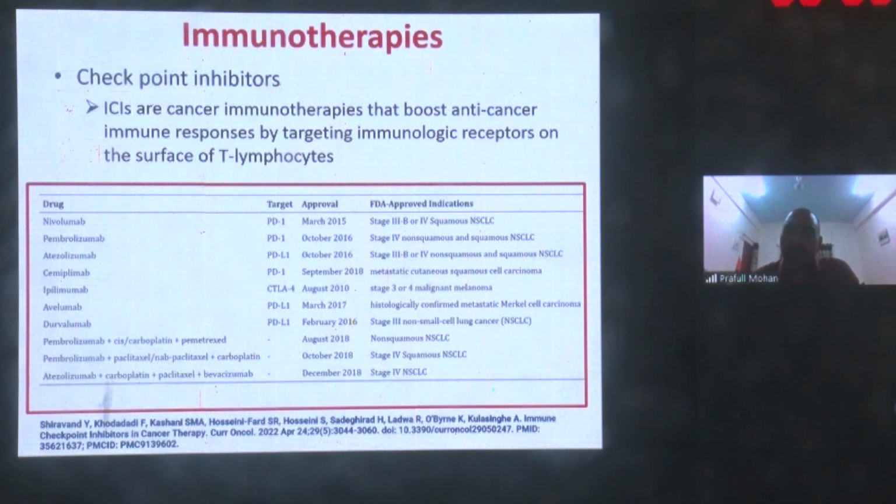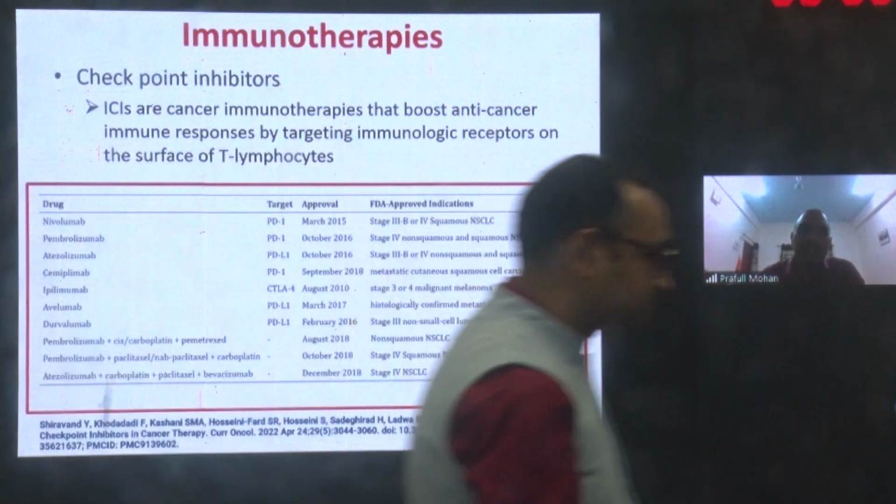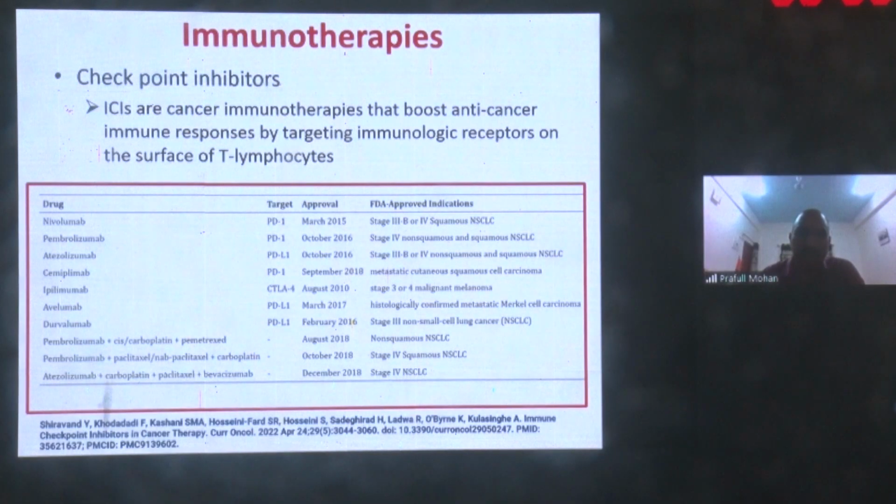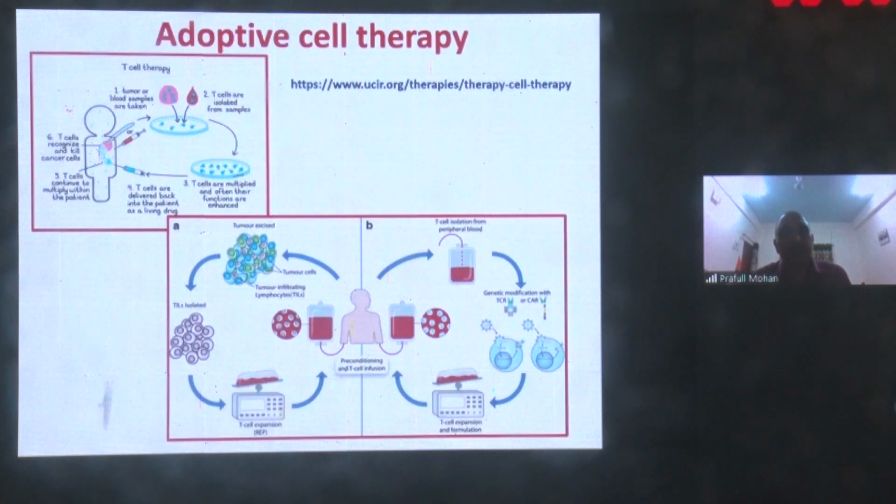They boost anti-cancer immune response, which had been lulled by the cancer cell. There are 3 targets: PD1, PD-L1, and CTLA4. I have already given the list of all immune checkpoint inhibitor drugs which are already in the market, and again a fantastic summary which got published in 2022. So I'm trying not to go into too much detail about it so as to cover most of the points, but giving you the material all along.